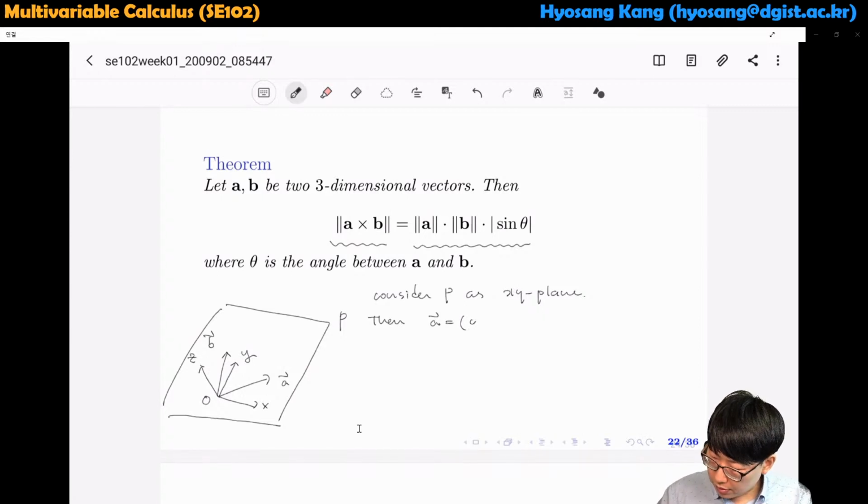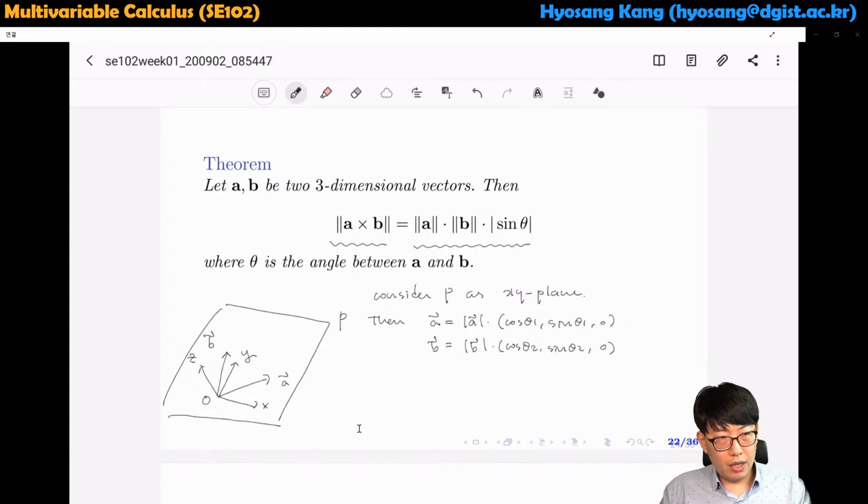Then I can rewrite A as the size of vector A times cosine theta 1, sine theta 1, and 0, and B as the size of B times cosine theta 2, sine theta 2, and 0. Since A and B are contained in the XY plane, there's no Z direction, and theta 1 and theta 2 are the angles between the vectors A and B and the positive direction of the X axis.